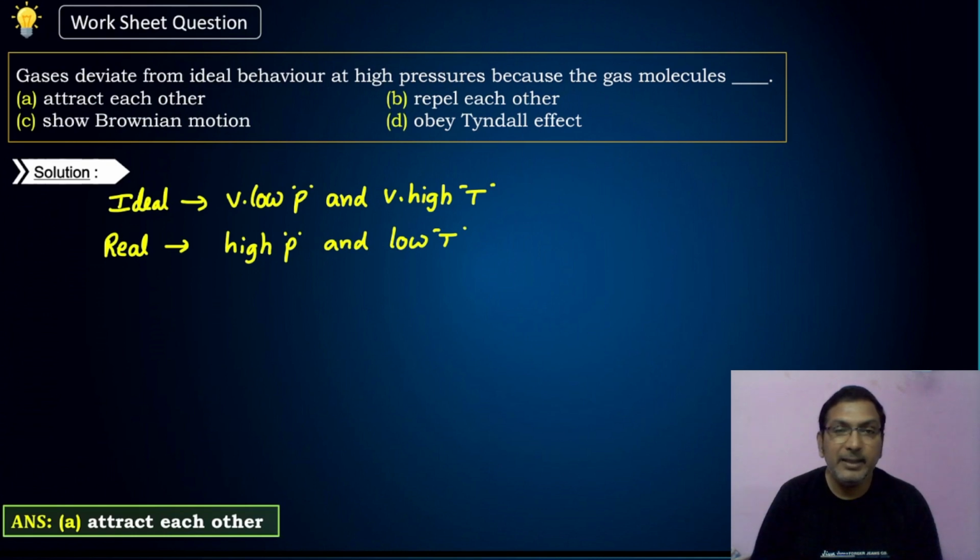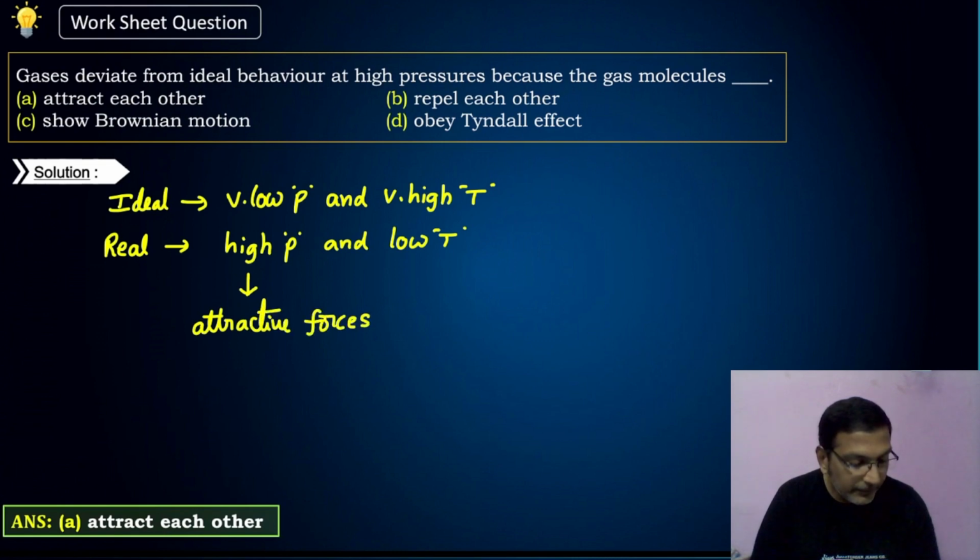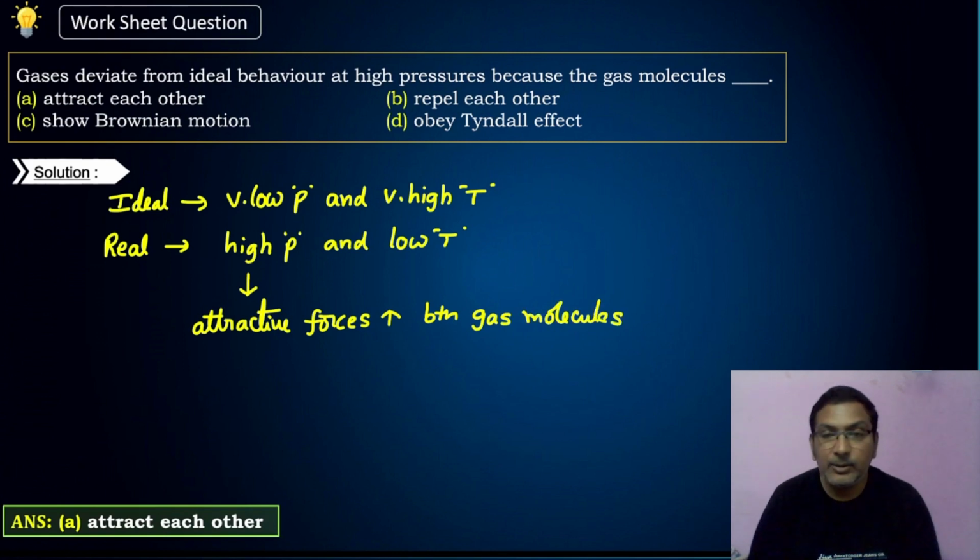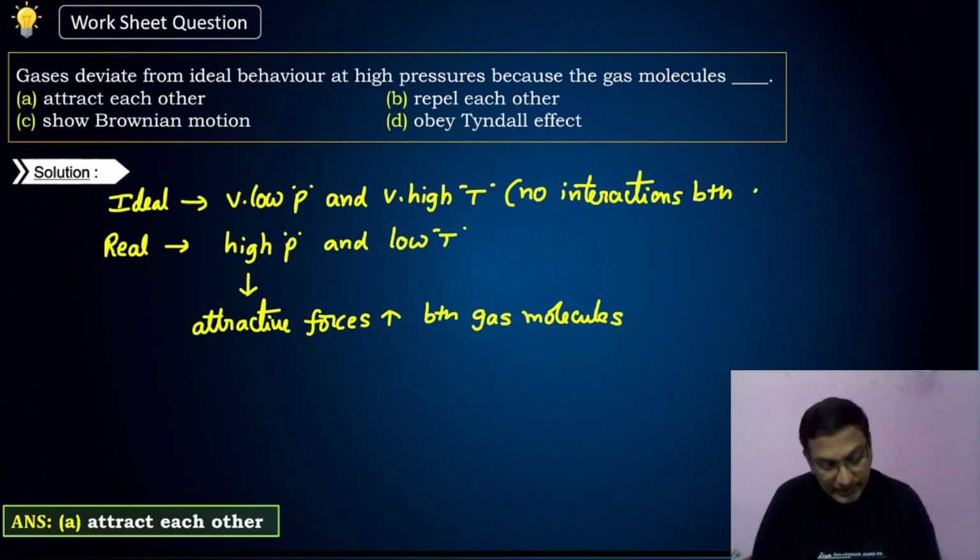So why gas is deviating from ideal behavior means at high pressure, attractive forces increase between gas molecules. Therefore, they will be deviating. Ideal conditions means here no interactions between gas molecules.